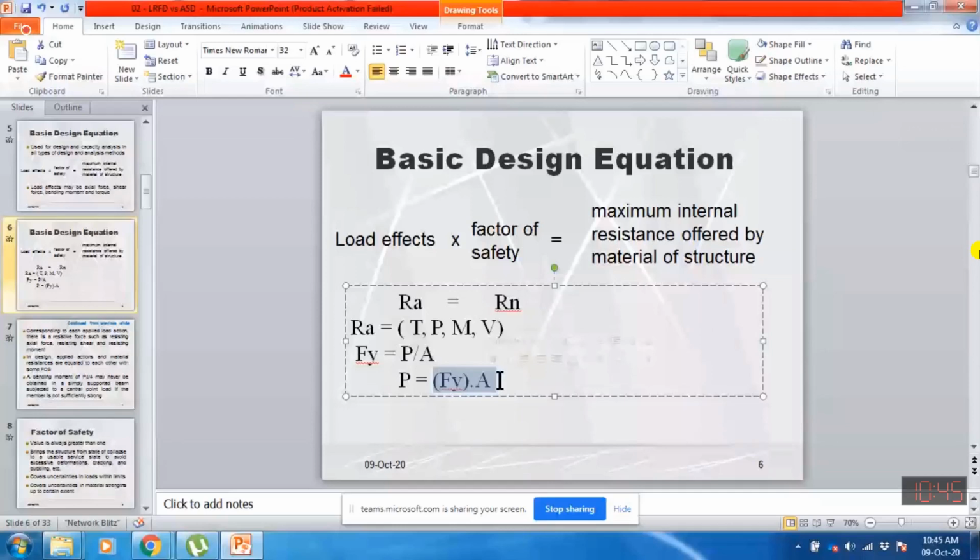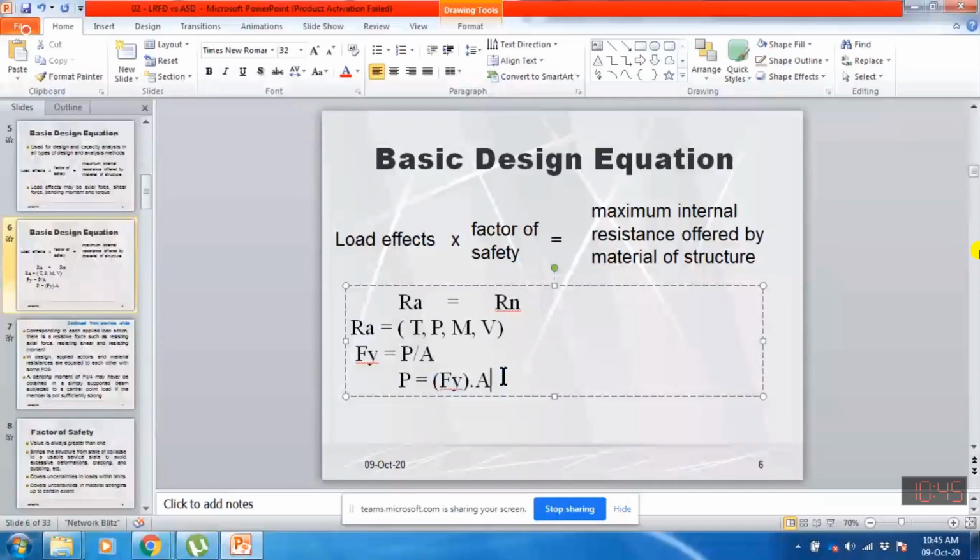So in market, if steel's Fy is constant, and P is larger, then what is the unknown? Area. We want to select an area in such a way that this equation is balanced with this equation.